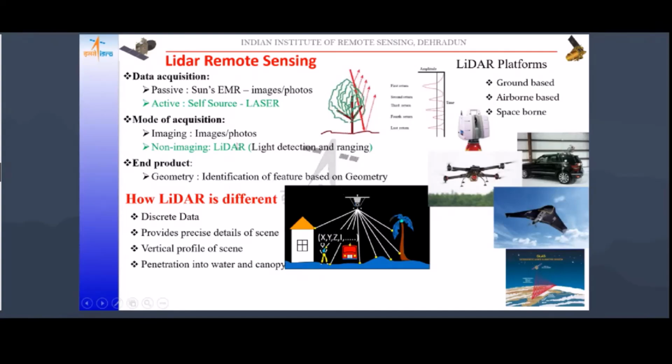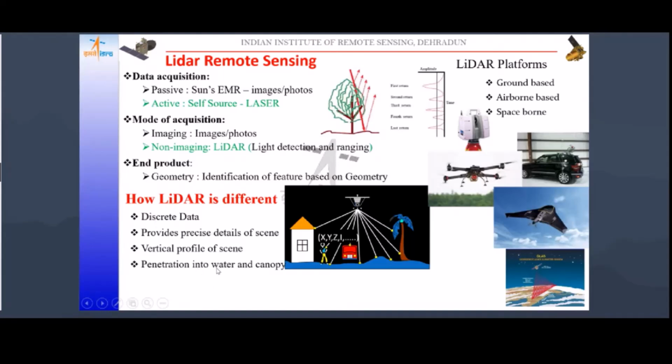Basically, what is happening is that LiDAR is a non-imaging technique. It's a range-based technique. The laser sensor sends laser pulses which strike the object and return to the receiver. And this measurement gives us X, Y, and Z information or vertical profile of the scene.